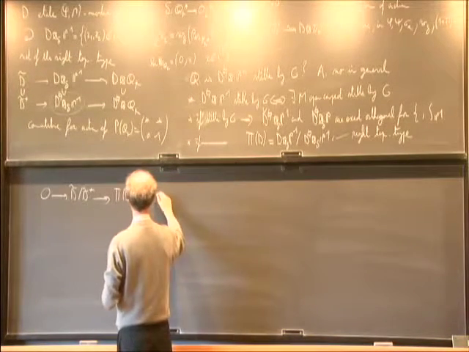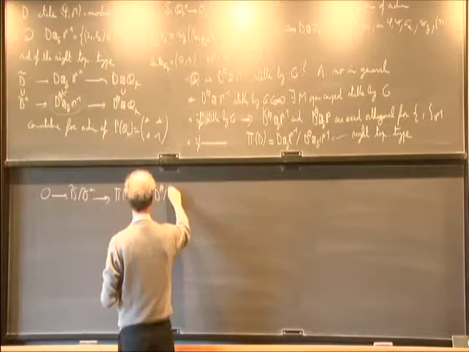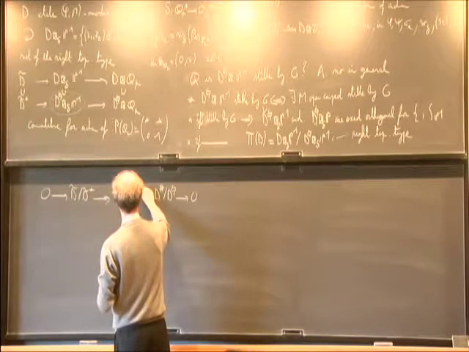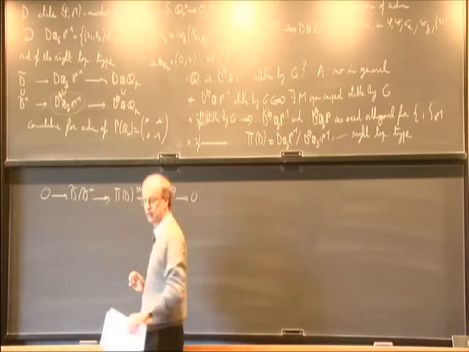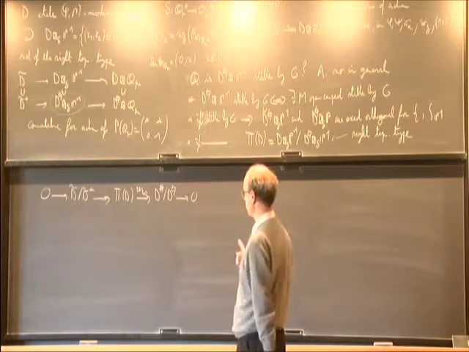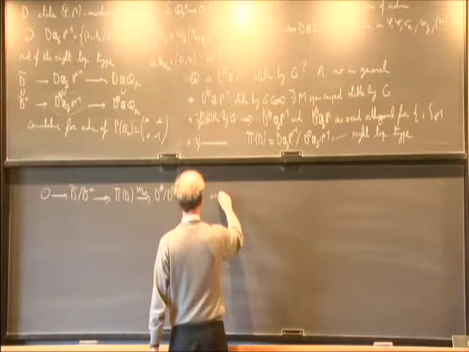And the kernel is very small. So some map which I call residue at infinity. And so this is an exact sequence of P of QP modules.